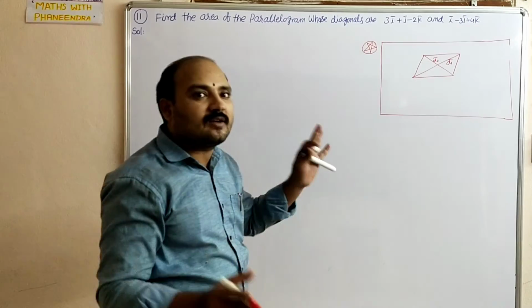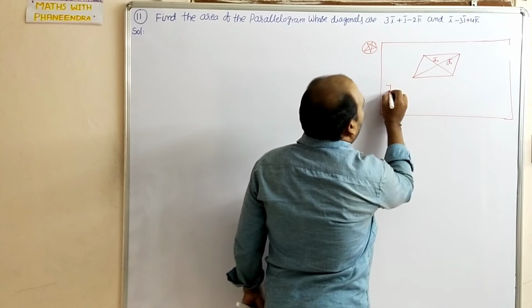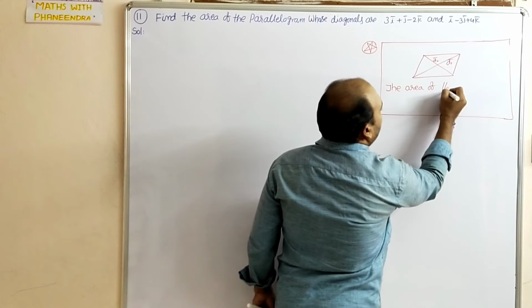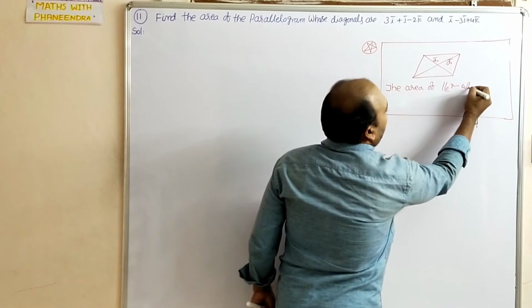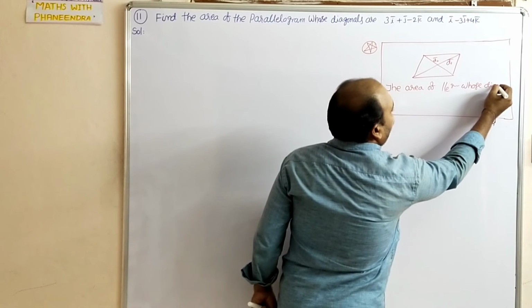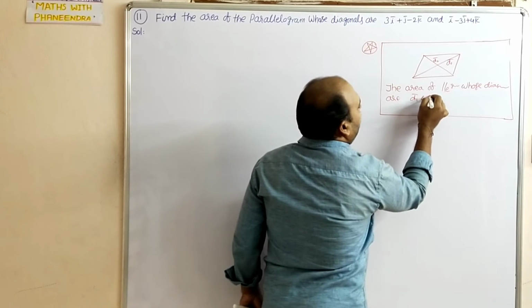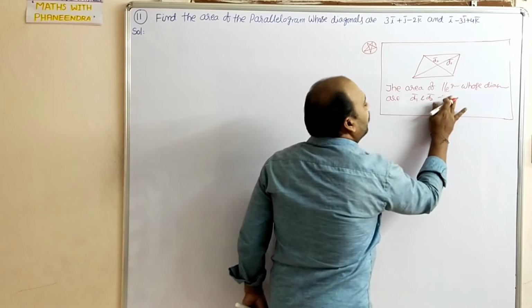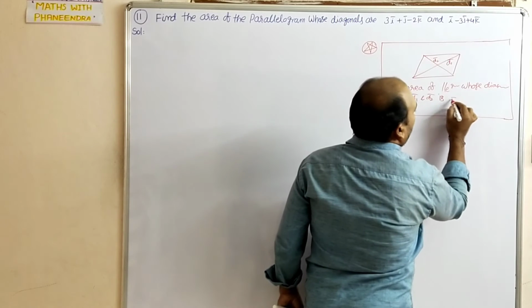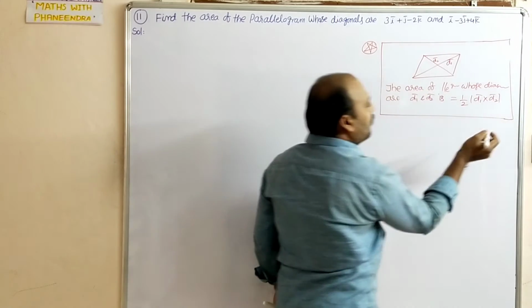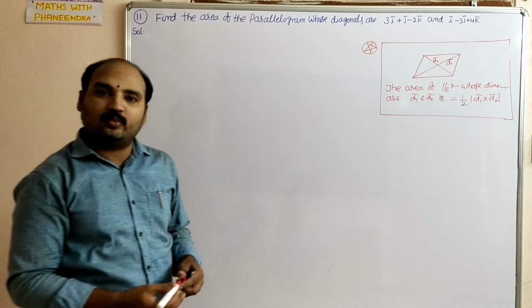Whenever the diagonals are there, the area of parallelogram whose diagonals are D1 bar and D2 bar is half into D1 bar cross D2 bar. This is the formula we are going to apply now.